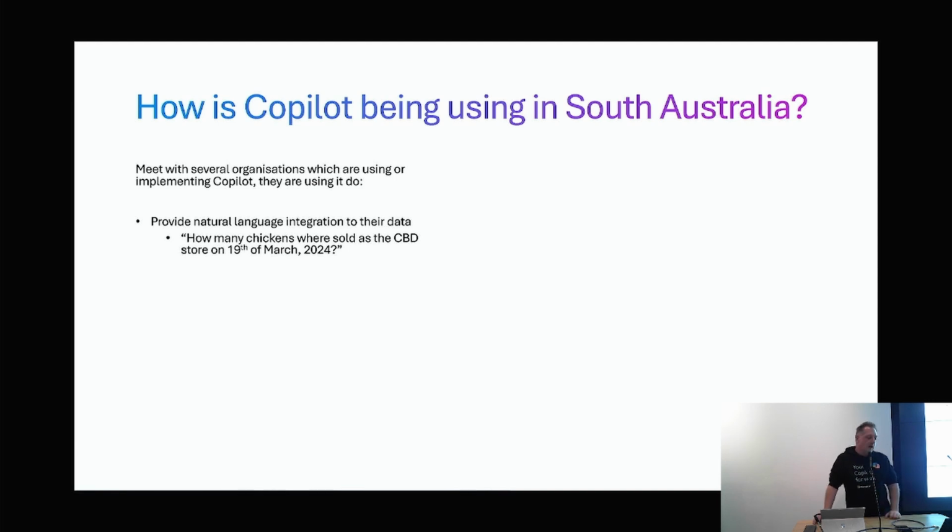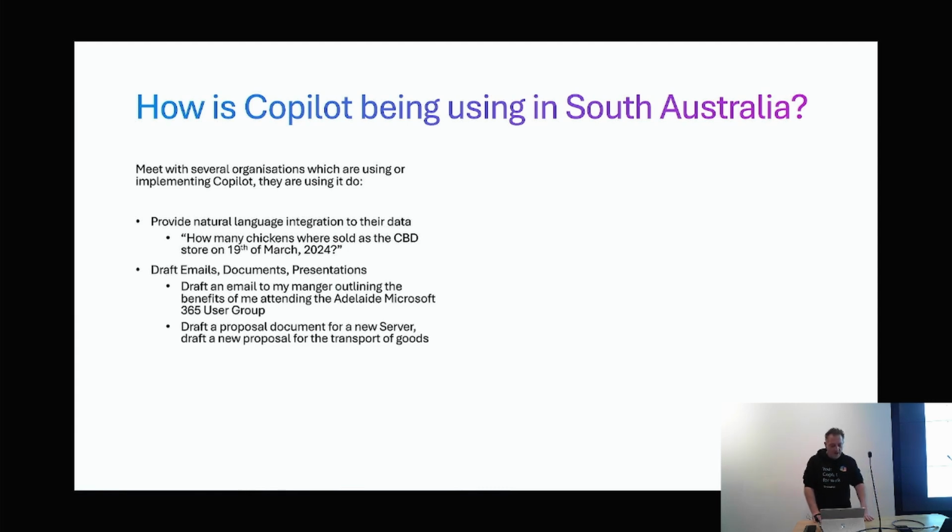But this is one way places are using it. They're putting it against their data, their sales data, or their production data, or their manufacturing data, and saying, what are X? When did we do Y? And getting a response out of that. Drafting emails. If you've used ChatGPT, hands up if you haven't used ChatGPT. Couple, that's fine.